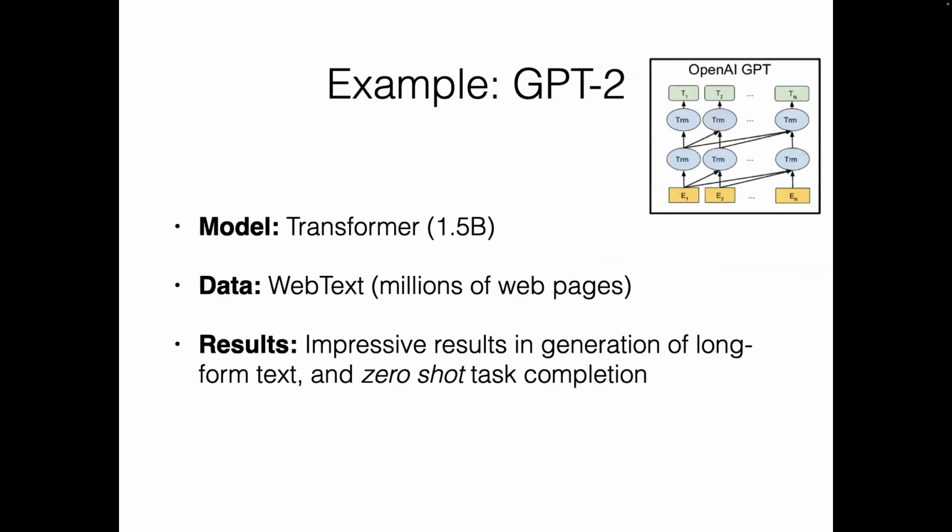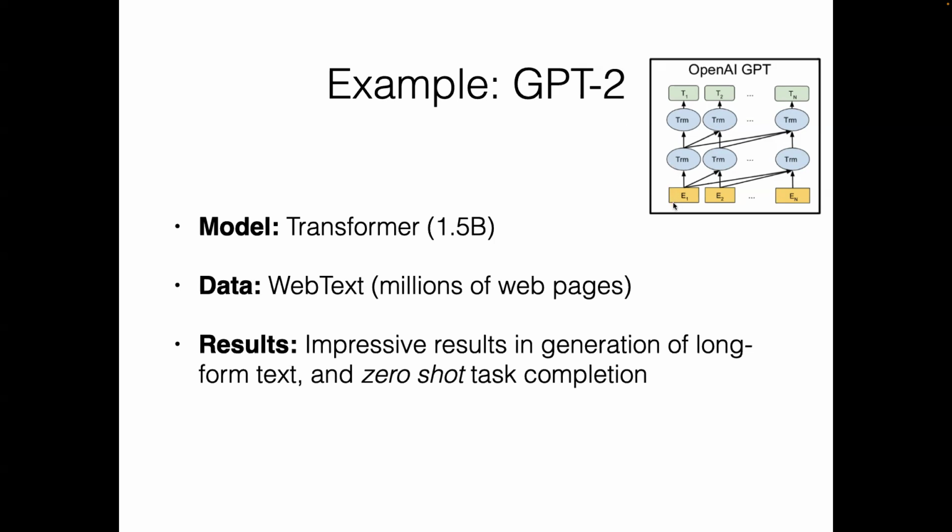Okay. So the first example is GPT-2. Well, there was a GPT-1, but maybe GPT-2 really started getting people very excited about these pre-trained language models. This one was trained by OpenAI.